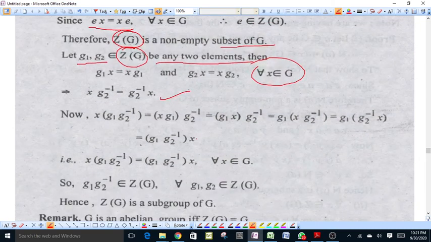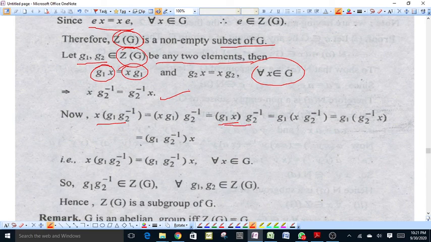Now, x g1 g2 inverse is equal to, by using associative law, (x g1) g2 inverse, that will be equal to g1 x g2 inverse, because xg1 is equal to g1x due to commutativity.